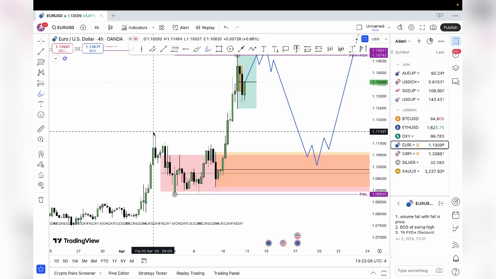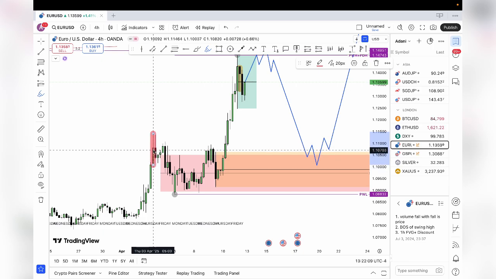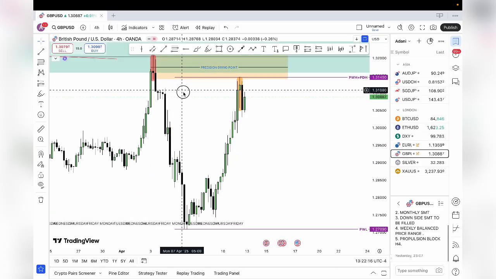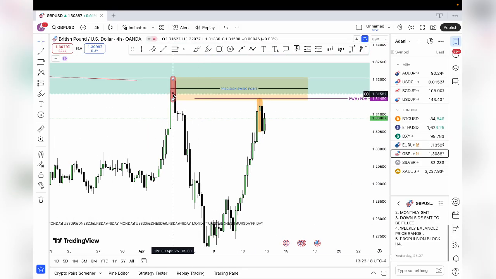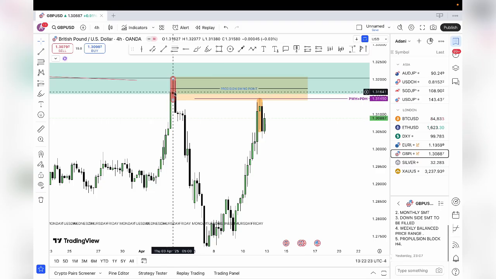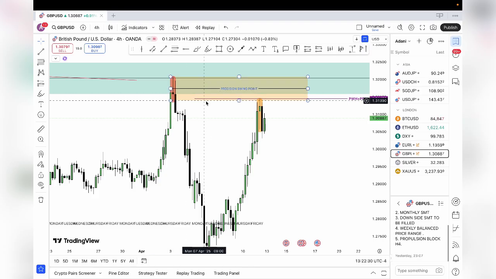Okay, this candle, if you check the closing of this candle, it's a bullish closing, and if you compare it with GBPUSD, what you see, it's a bearish closing. Bullish closing in EURUSD and bearish closing in GBPUSD. So there is a crack in correlation between both of them. So this candle is our precision swing point.